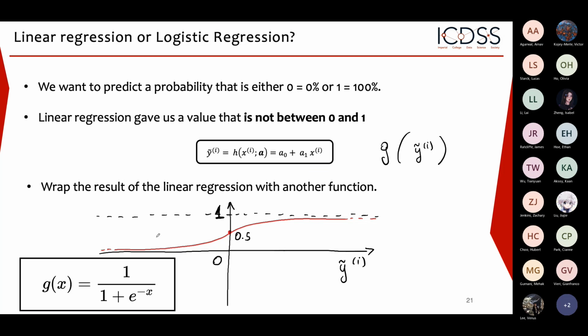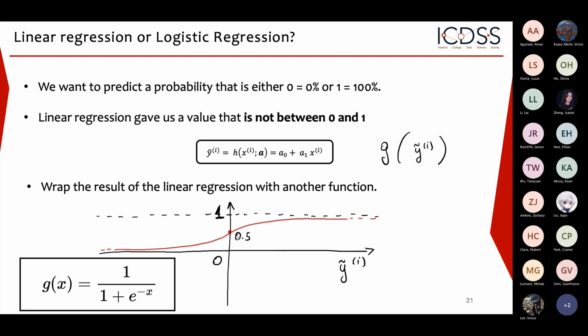We want to predict a probability that is either 0, which is 0%, or 1, which is 100%, so a 100% chance that my engine is going to work. And the linear regression gives us a value that basically is unconstrained. According to the value of x here, I could get something that's very large or that is very negative, for instance.